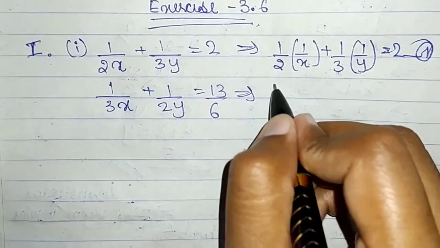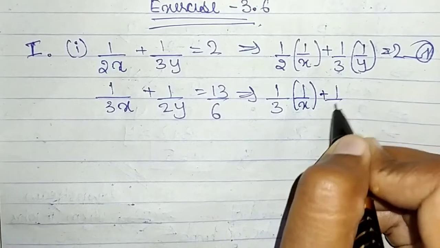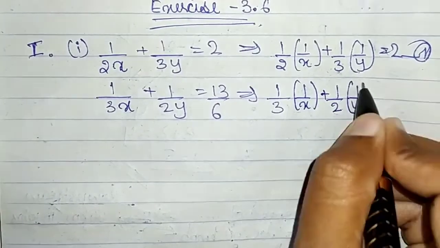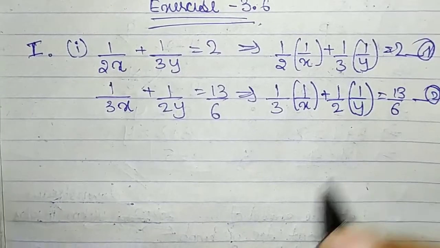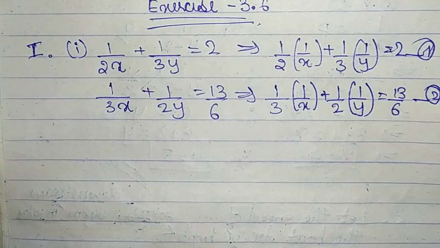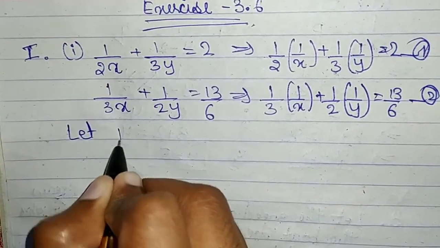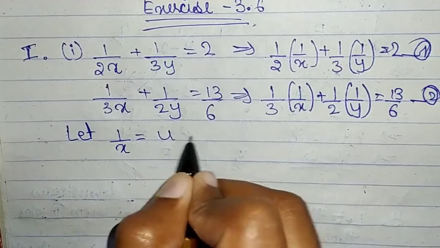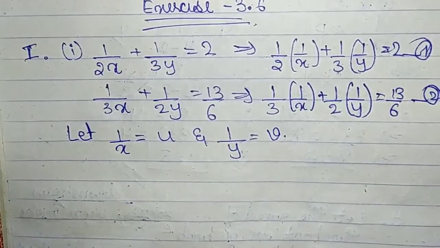This can also be written as 1 by 3 of 1 by x plus 1 by 2 of 1 by y, which is equal to 13 by 6. This is equation 2. So now from equations 1 and 2, let 1 by x is equal to u and 1 by y is equal to v.